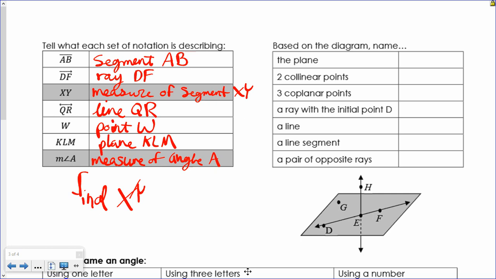Line is D. Line is line E. Line H. Isn't it H?